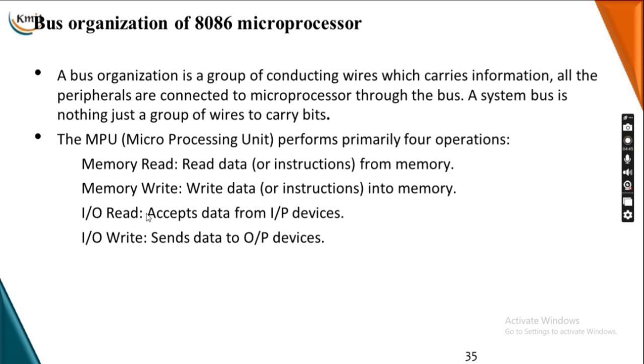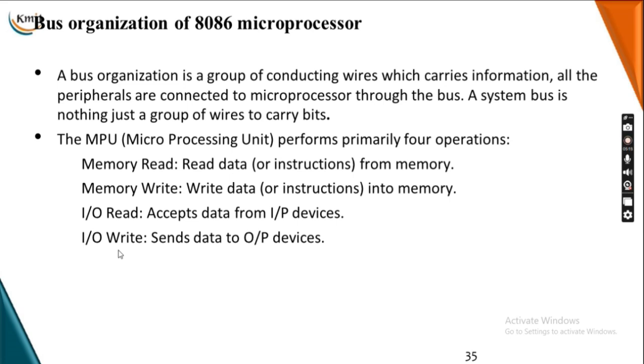And it sends the data to the output devices, which we can call IO write. IO read accepts data from input devices. IO write sends the data to output devices. Clear? These are the 4 operations that the microprocessing unit will perform.